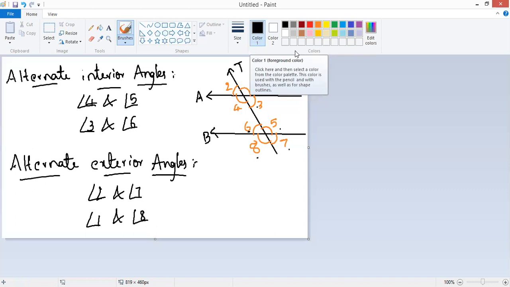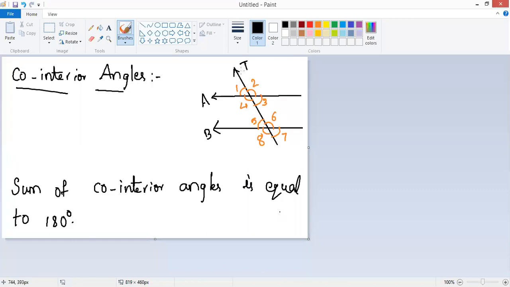Now, the important one, which is useful for the solution of our problem, is co-interior angles. Co-interior angles are the angles formed by the transversal at the intersection points, in between the parallel lines on the same side of the transversal.